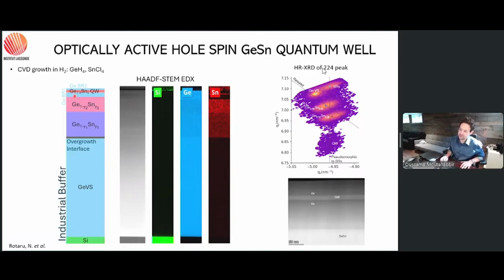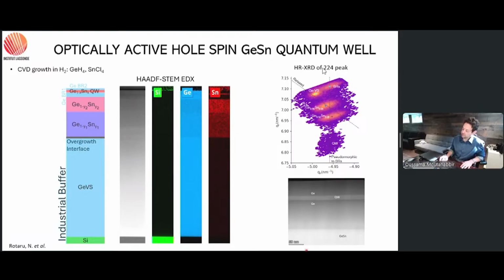Once we achieve 8% that has a uniform and stable composition, we stop supplying tin and we grow a relatively thick germanium layer. This germanium layer is highly tensile strained. Once we finish with germanium, we switch again to tin tetrachloride and we grow the quantum well.